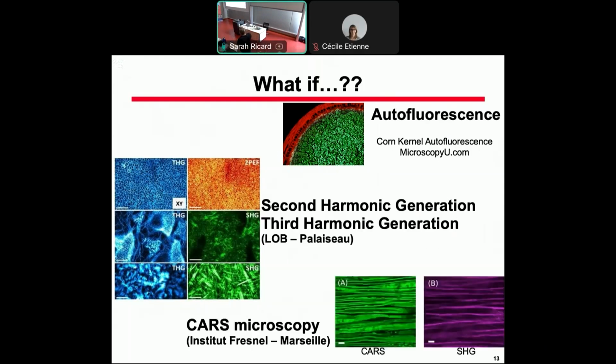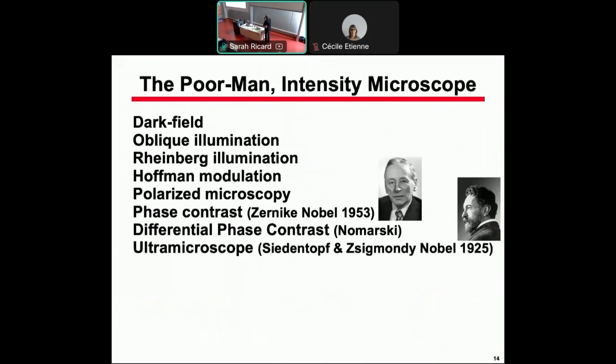And for chemistry, it's mostly coherent anti-Stokes Raman microscopy, which works well and gives you complementary information to second harmonic, for example. The drawback of this technique is the instrumentation. It's really fast detectors, femtosecond lasers, etc. So you have to switch back sometimes to the simple microscope.